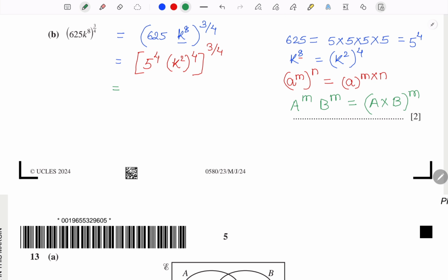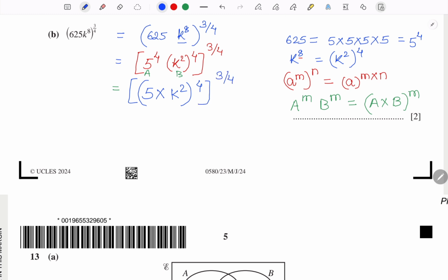Here we have 5 raised to the power 4 and k square also raised to the power 4. So this is our a and this is our b. What will we do? We will write 5 into k squared whole raised to the power 4, and then whole raised to the power 3 by 4.